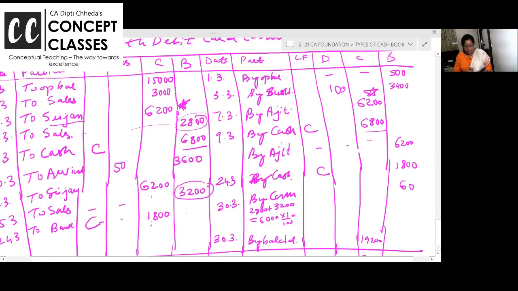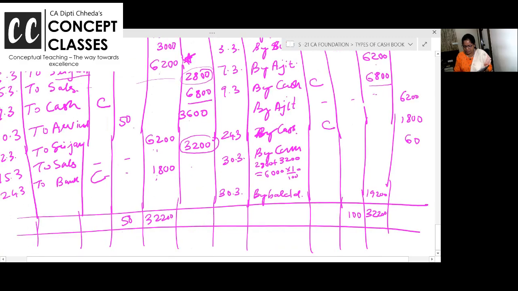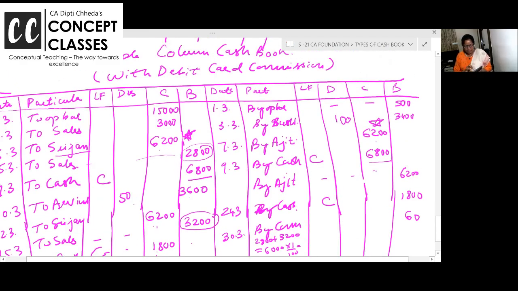And now come to the bank. 2,800, 6,800, 3,600, 3,200, 16,400 minus 500 minus, this is a study materials problem, ICAI, but very nice. So I wanted to do it in class.